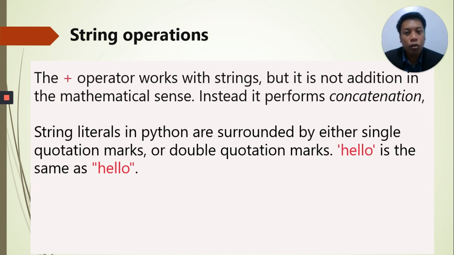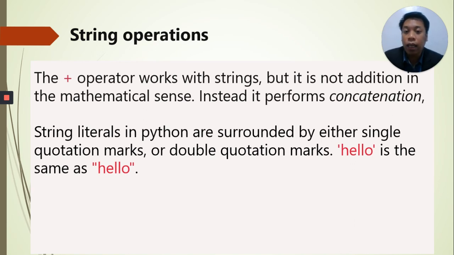All right? Okay. So moving along now, we will move to the string operations. The plus operator works with strings, but it is not addition in the mathematical sense. Instead, it performs concatenation. As we have seen a while ago, it concatenates 2 and 3. And so the result, instead of 5, is 23 because concatenation is not a mathematical operation; it is a string.